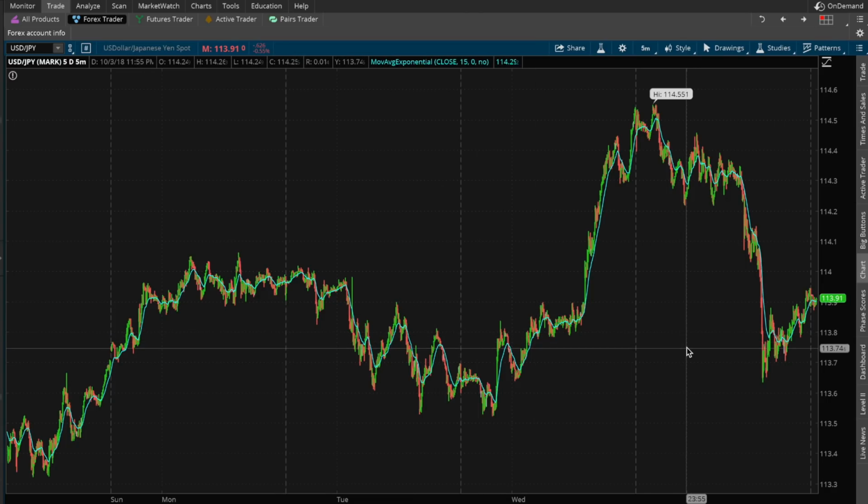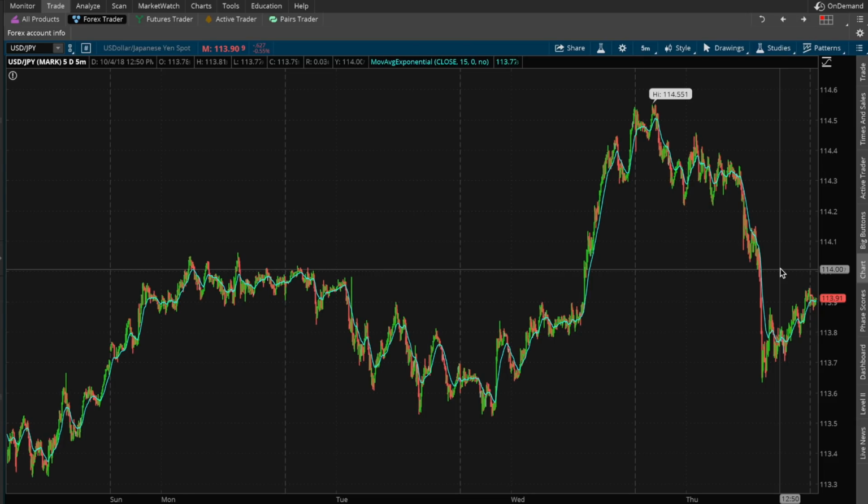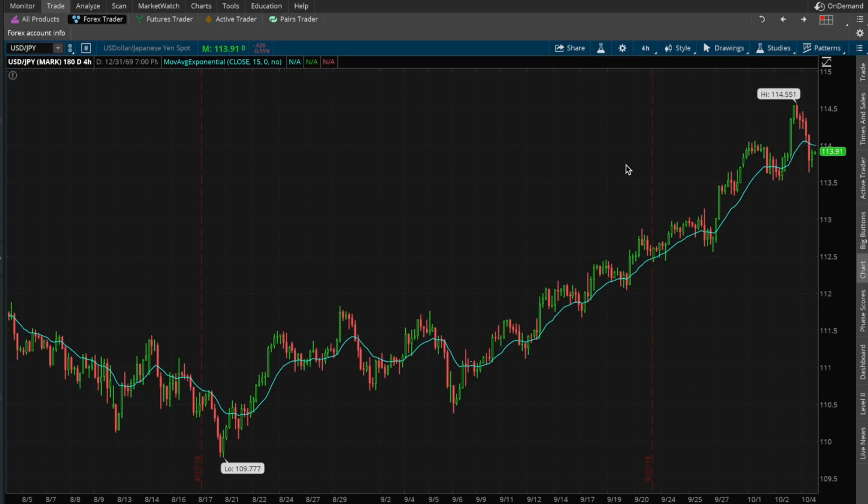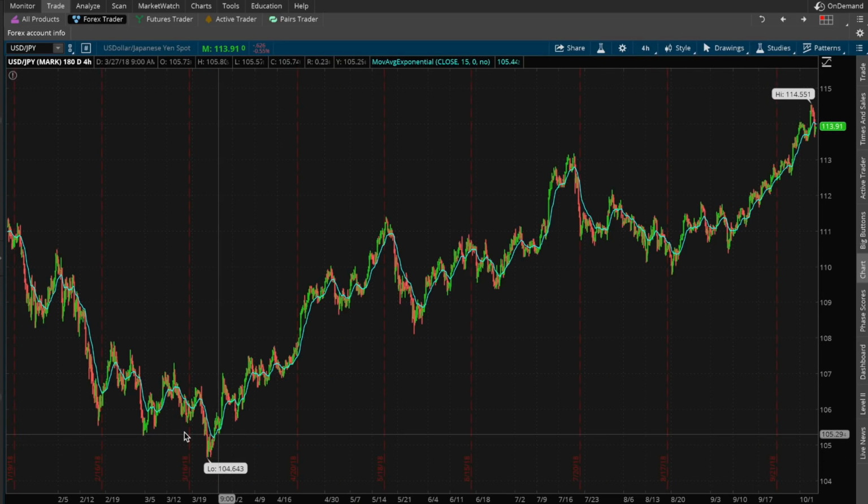But if I'm thinking about swing trading a currency and I want to hold this for, let's say, 3 months, then you want to do an analysis on a much bigger time frame chart, maybe 3 to 6 months, to make sure you can identify a trend. So let's take a look at the 180-day chart. You see how it changes a lot, right? Now we can see what the trend is looking like.